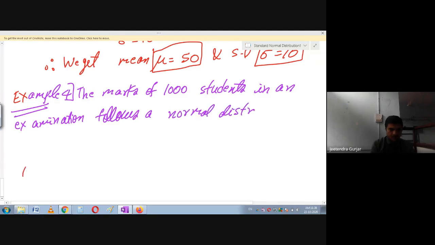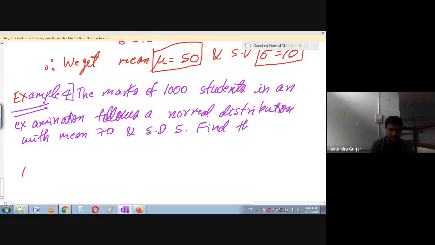Here also they have given normal distribution. First you are going to convert this into standard normal distribution. So they have mentioned mean 70 and standard deviation they have given, students, is 5.